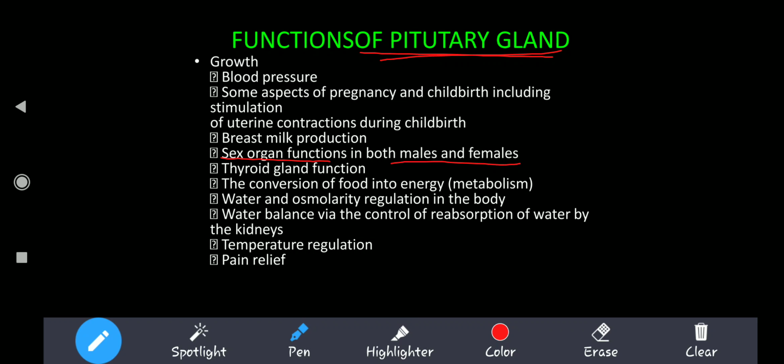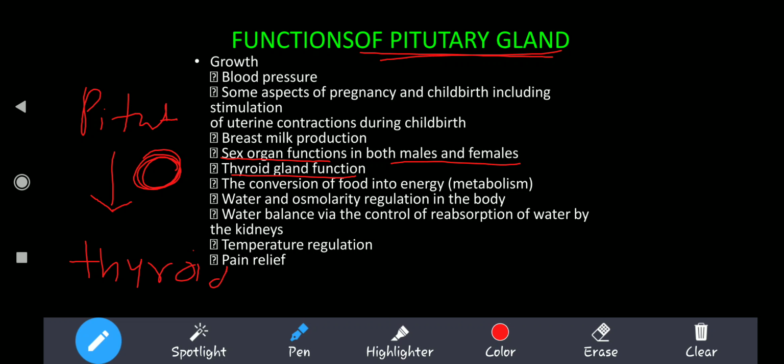Thyroid gland functioning. The pituitary is present here. The pituitary synthesizes a hormone, this hormone goes to the thyroid gland and gives the signal, and the thyroid starts synthesizing hormones because there is a necessity for hormones in the body.